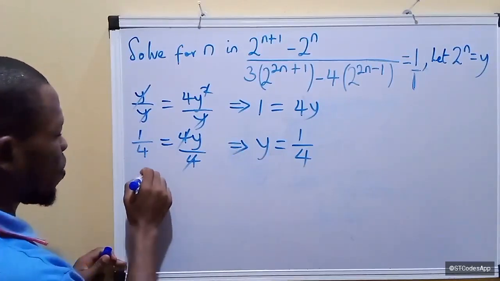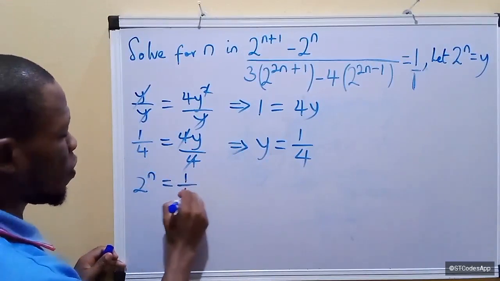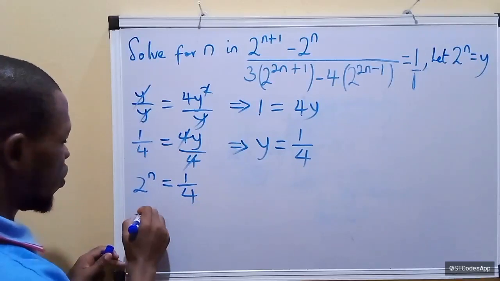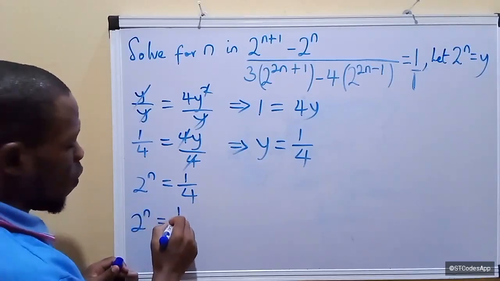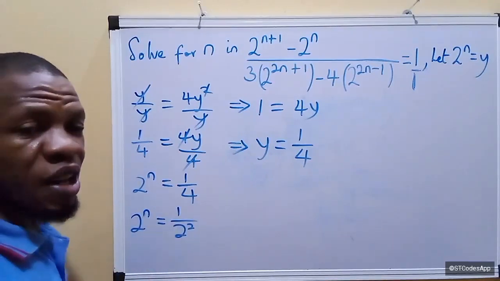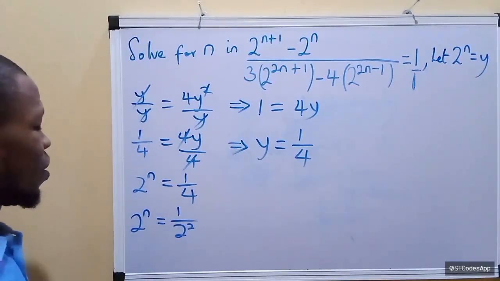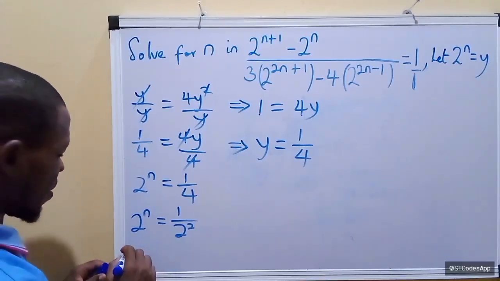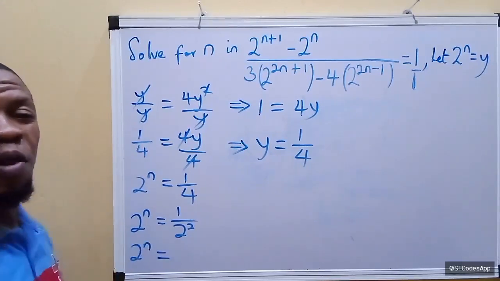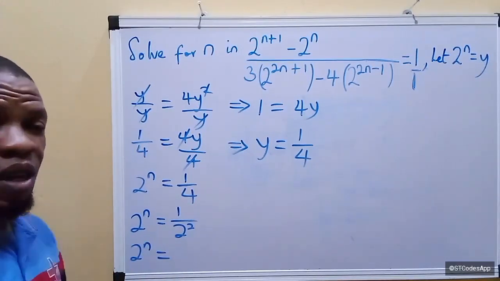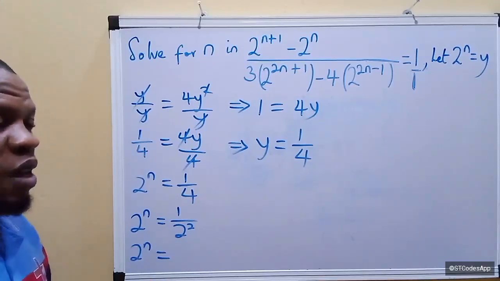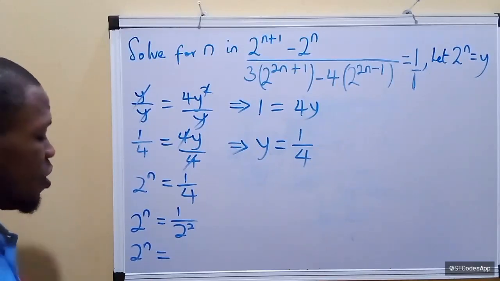So here we have 2 raised to the power n is equal to 1 all over 4. And this is the same thing as saying 2 raised to the power n is equal to 1 all over 2 raised to the power 2. Because 4 is the same thing as 2 times 2, which is 2 raised to the power 2. Okay? Now, this is an expression of the law of negative index, which I talked about in the introductory part of indices that I dealt with in a particular video, which I'll be dropping the link at the description of this video.